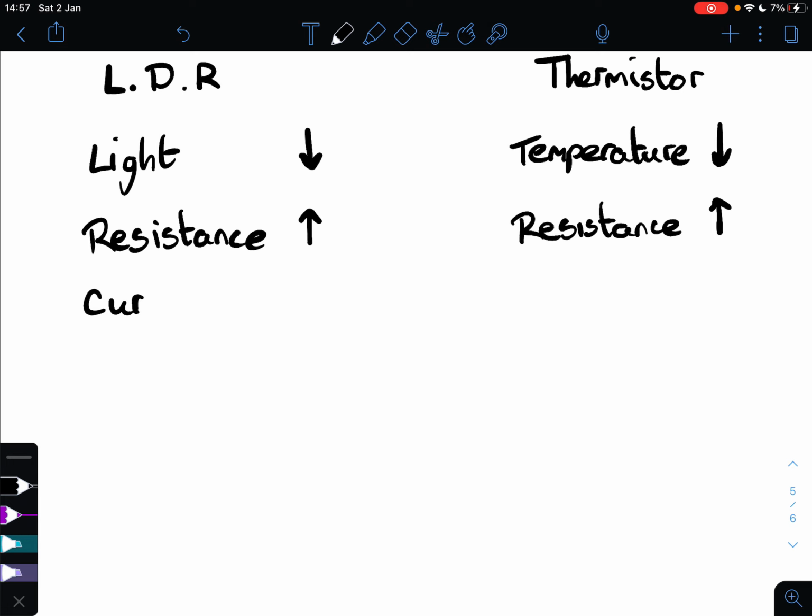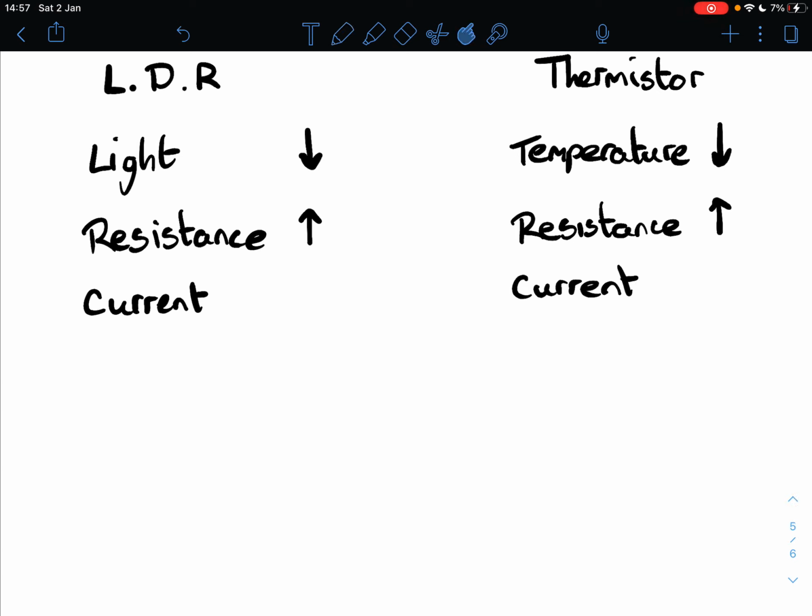So let's put current for both. Current and current. Okay, so the question now says, as the light went down, describe what happened to the resistance and the current in the LDR. Well, it's the same thing. Left hand. As the light goes down, the resistance goes up. If resistance goes up, then the current goes down.